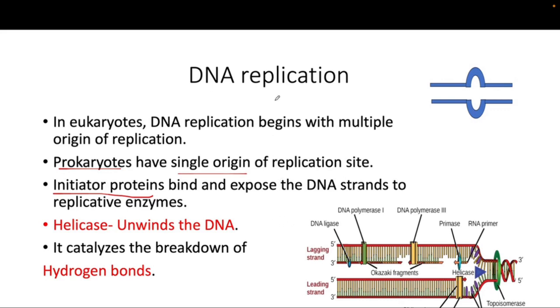They expose the DNA to these replicative enzymes. There are other initiator proteins as well, but it's not relevant to know. DNA attracts these initiator proteins so they can start replication.